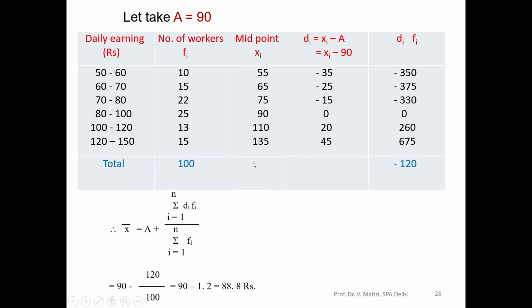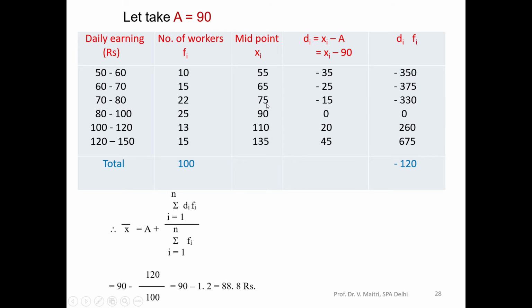Let's take A equal to 90. It is an arbitrary value, any value within this range. It is suggested to take the centermost value, which is advisable. So frequencies are given, and midpoints are calculated: 55, 65, 75, 90, 110, 135. From these midpoints we have taken the value A as 90.